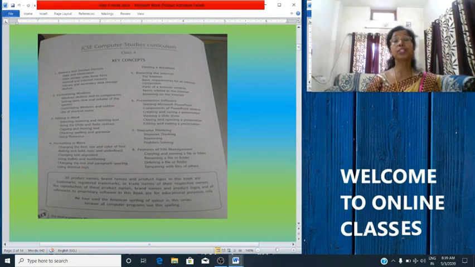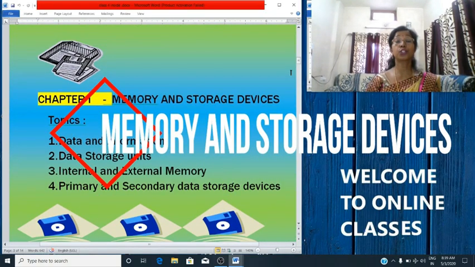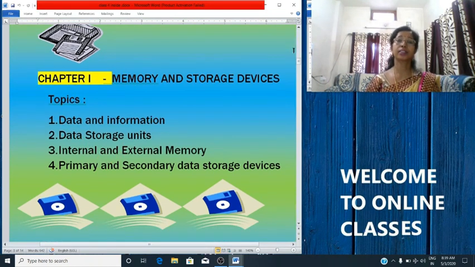Now, we will start with our first lesson, that is memory and storage devices. In this lesson, we will discuss the following topics: data and information, data storage units, internal and external memory, primary and secondary data storage devices.